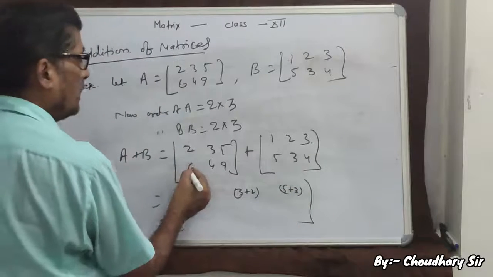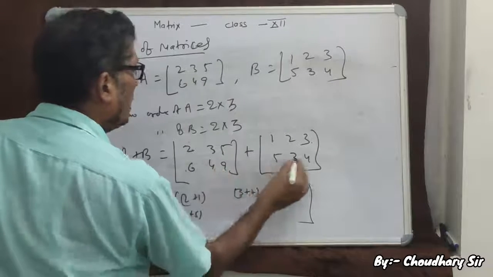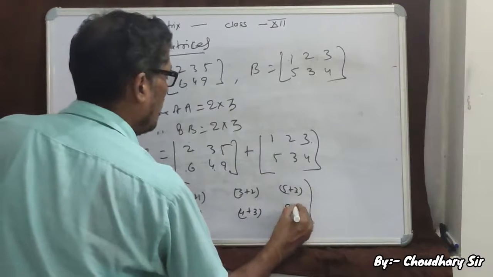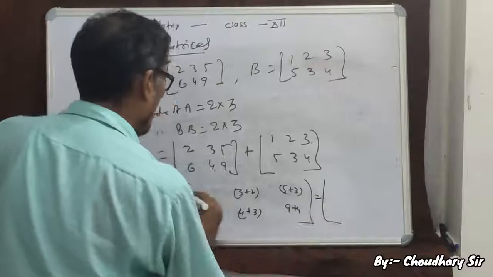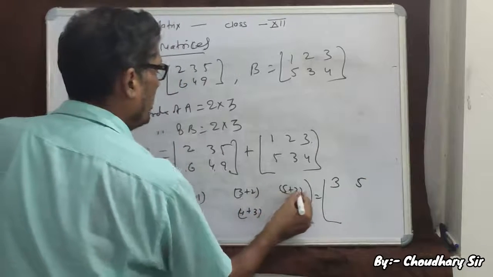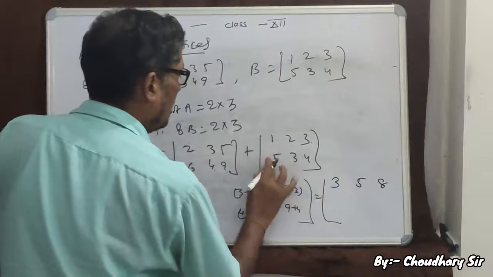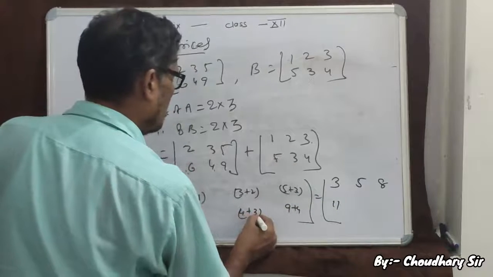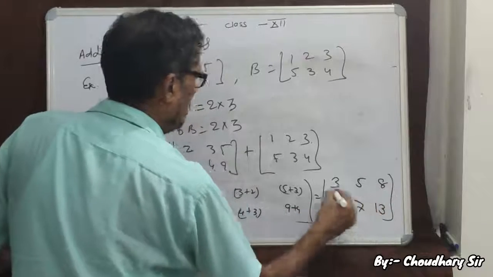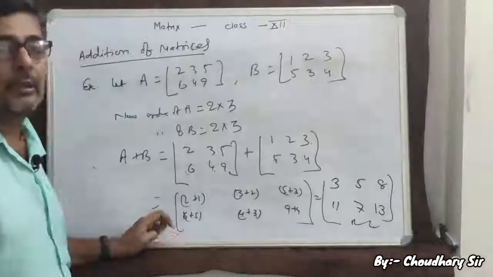Now second row, 6 added with 5, 4 added with 3, 9 added with 4. What will this be? 2 plus 1 is 3, 3 plus 2 is 5, 5 plus 3 is 8, 6 plus 5 is 11, 4 plus 3 is 7, 9 plus 4 is 13. So this is your A plus B matrix. So this is the addition of two matrices.